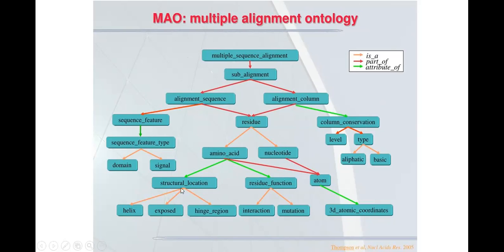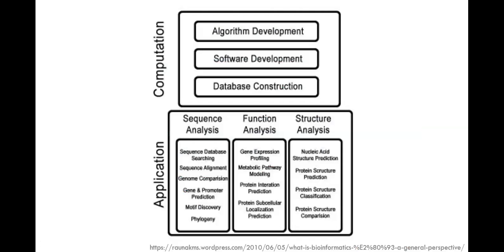What are the residue structure, location, residue function, in terms of the hinge region or exposed or helix? What are the interactions, are any mutations available there? So you can give a specific ontology to the databases. This is a part of, this is an attribute coming from this. These different arrows tell different attributes or properties of these ontological terms. So you take any database, you need to give this before entering your software.